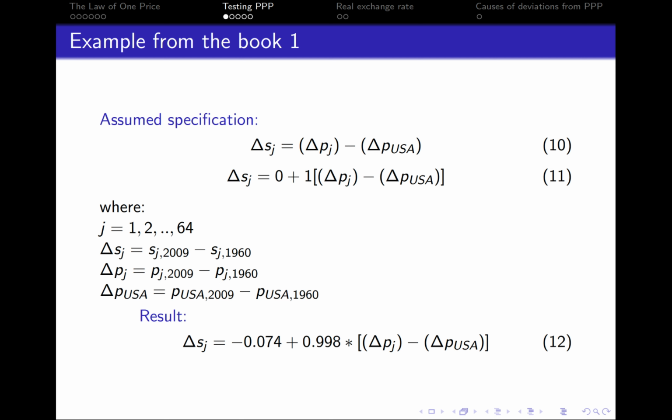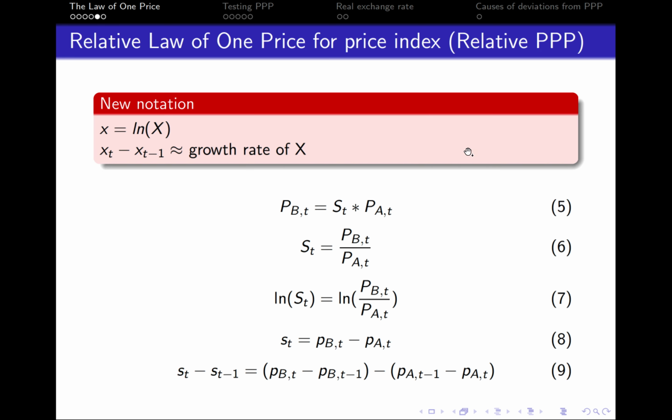So, in this case, we are allowing a lot of time to pass until everything in the economies adjusts in a specific way. And look, what have we got over here? This is merely the equation we've got over here, stated differently. Here we've got the change in exchange rate, the growth rate, because those are logarithms.